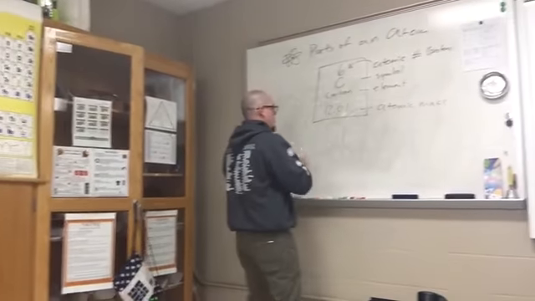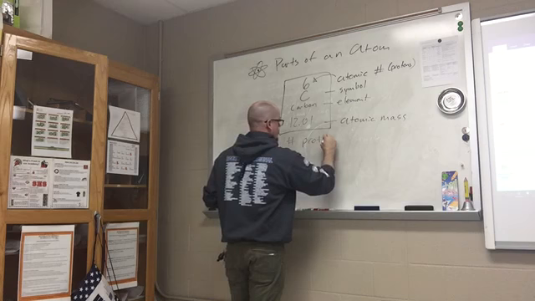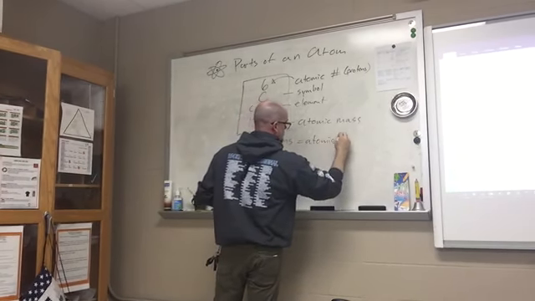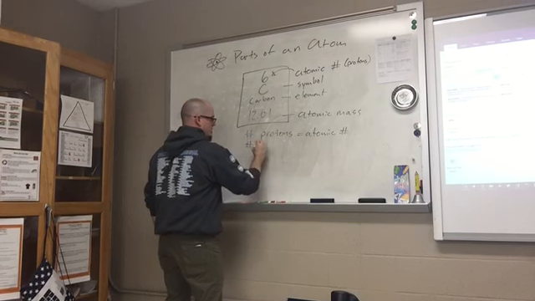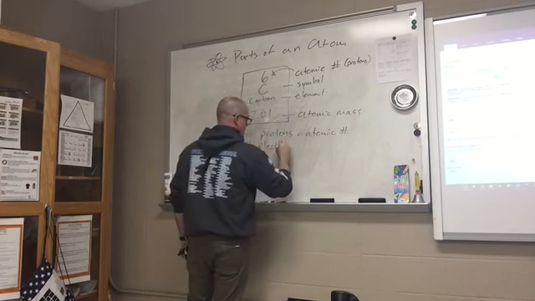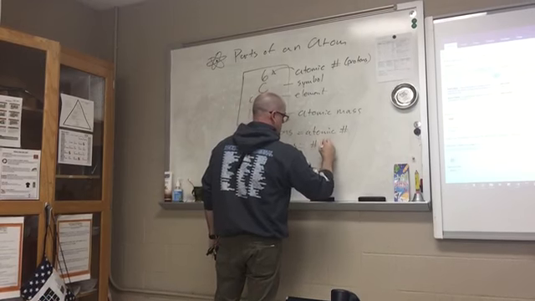First thing, the number of protons is always going to equal your atomic number. Next up, the number of electrons is always going to be the same as your number of protons.